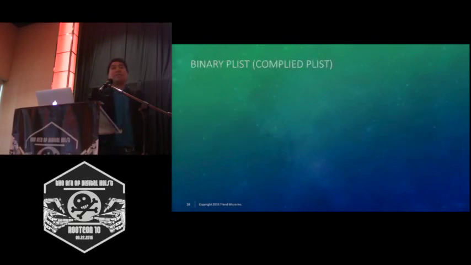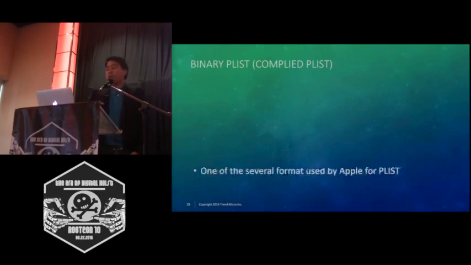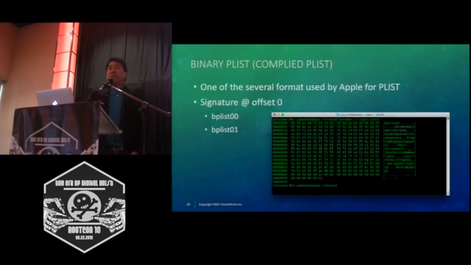Next, there's also an equivalent binary plist, or a compiled plist. Aside from the XML format, you have a compiled one, and it's very easy to pinpoint because it has a signature of bplist00 or bplist01.